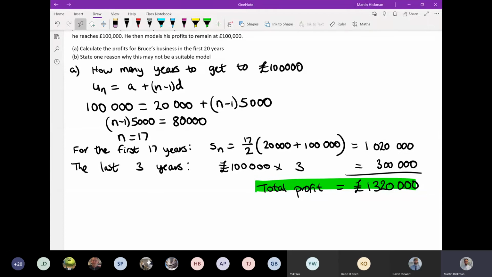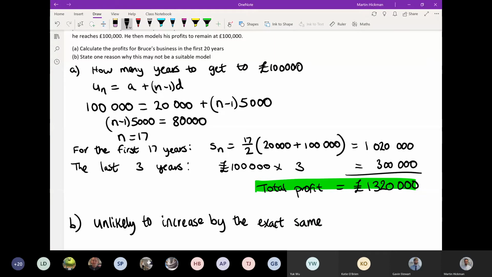So then the second part, say why the model might not be suitable. So we just have to think about why this might not actually be the case. And really, it would be that it's unlikely to increase by the exact same amount each year.